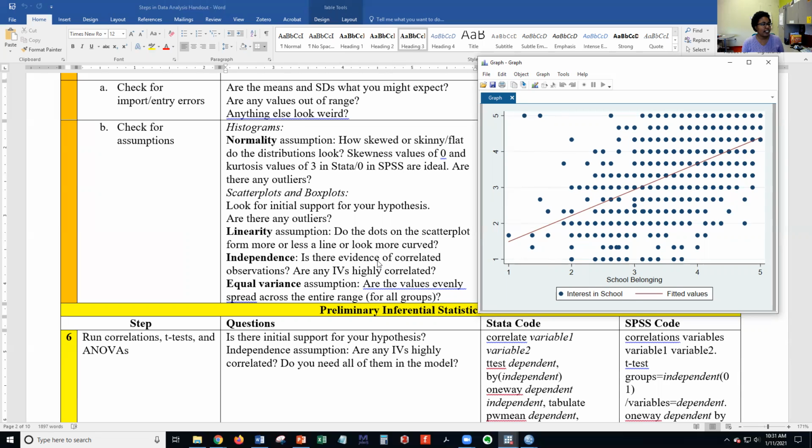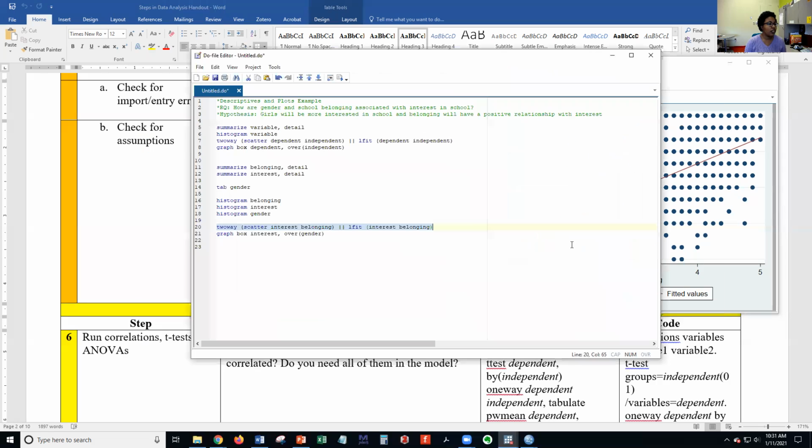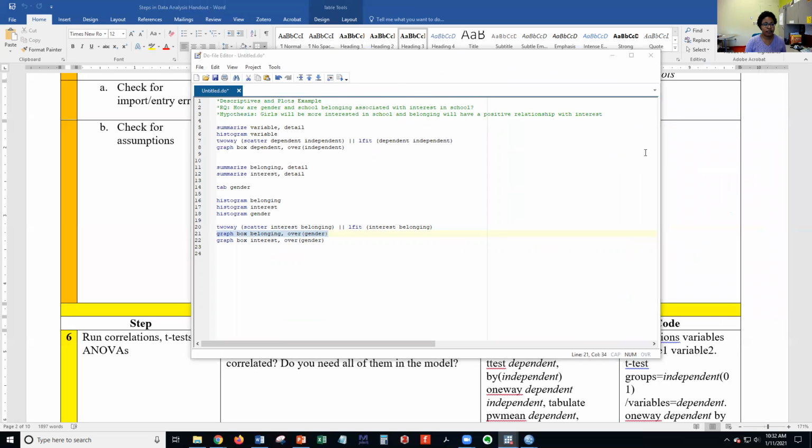Now, if we wanted to check the independence assumption, what we would look at is our two independent variables together. So let's run our first box plot with belonging and gender. This is a test of whether we have multicollinearity with our two independent variables.